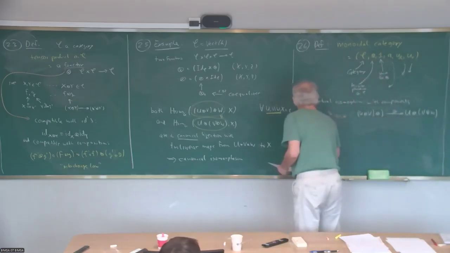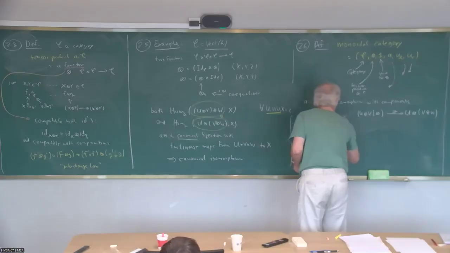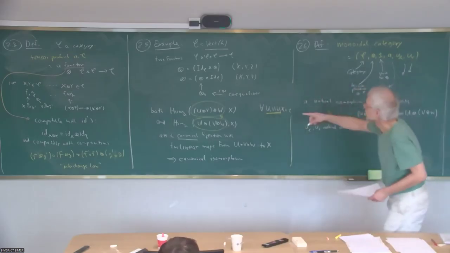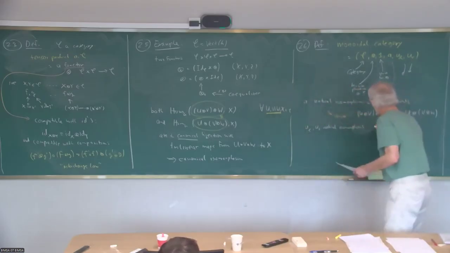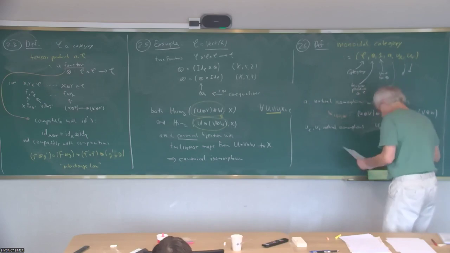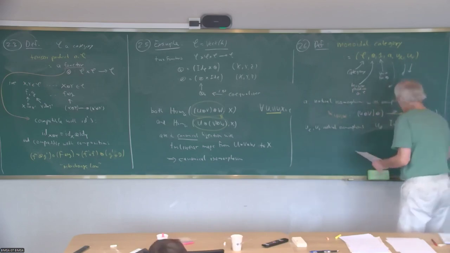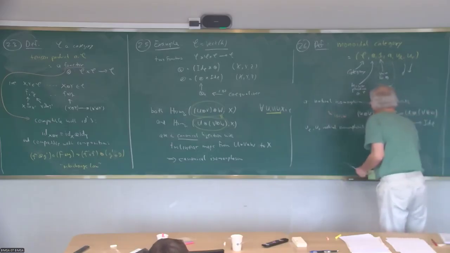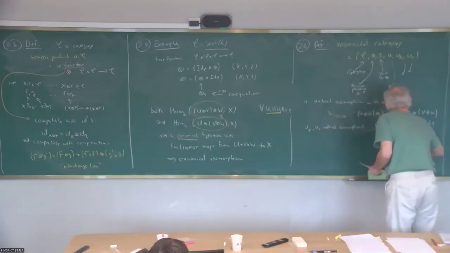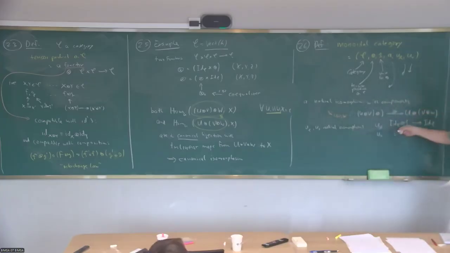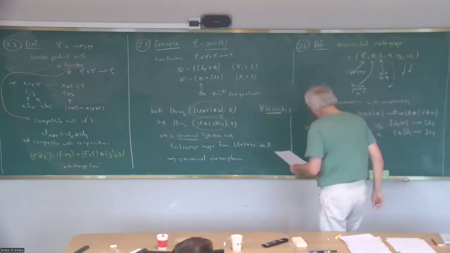And UL and UR are natural isomorphisms. I haven't written the functors, so let me give them names. So UL would go from the identity of C and then tensoring with unit to the identity of C, and UR corresponding with starting with the identity of C. And this is kind of symbolic notation, but I think it's clear what you mean by that.